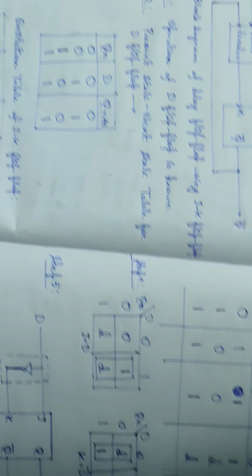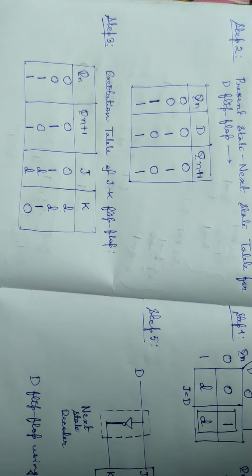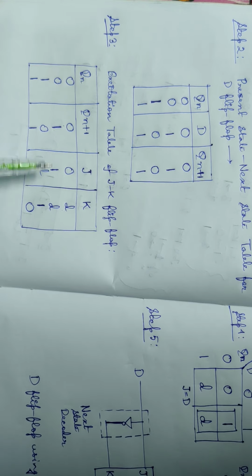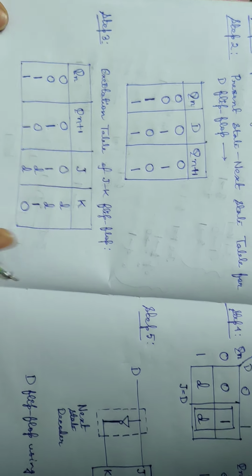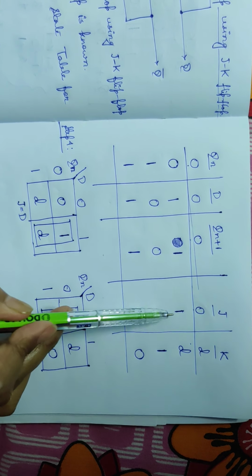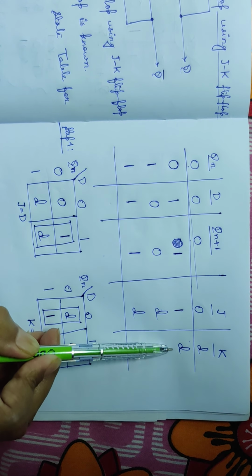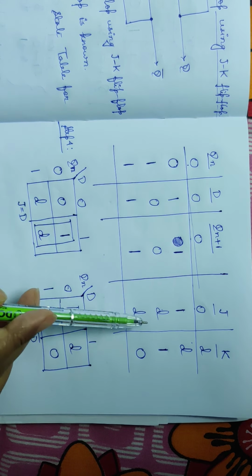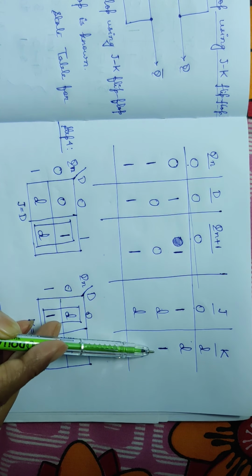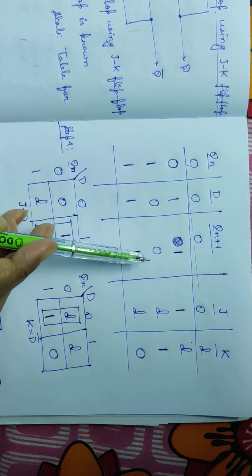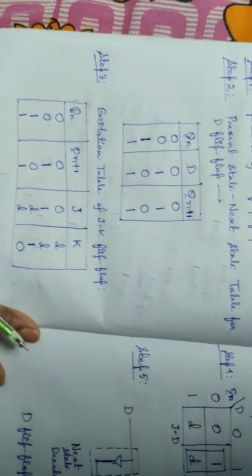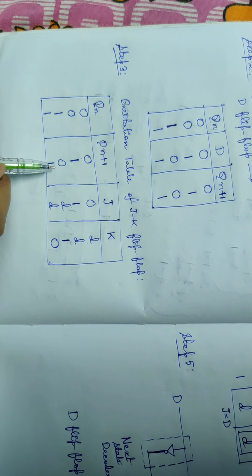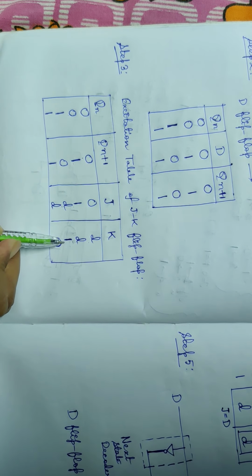From the excitation table of the JK flip-flop, when Qn is 0 and Qn plus 1 is 1, the value of J is 1 and the value of K is D. So we write here the value of J as 1 and K as D. Similarly, in the third case, we can write down the values of J and K. When Qn is 1 and Qn plus 1 is 0, from the excitation table, the value of J is D and the value of K is 1.